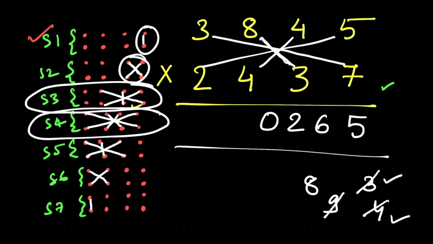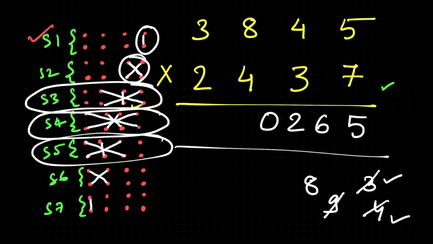Now we are left with the remaining 3 steps: step 5, step 6 and step 7. Let's see step 5. In step 5 we have to multiply 3 with 3, similarly 2 with 4 and 8 with 4. When we multiply 3 into 3 you get 9, and 4 into 2 gives you 8, so 9 and 8 become 17.